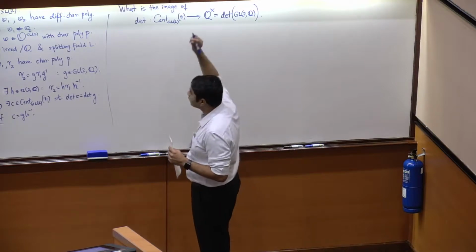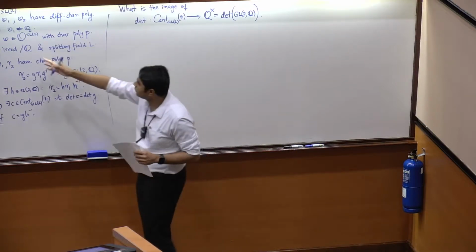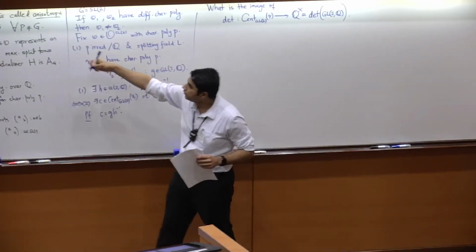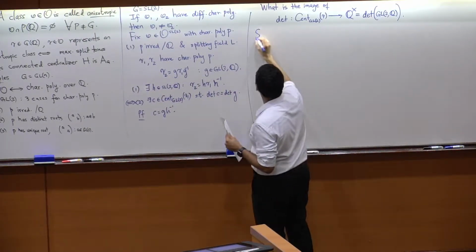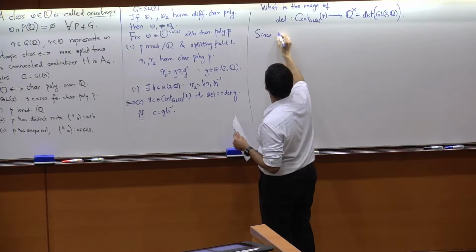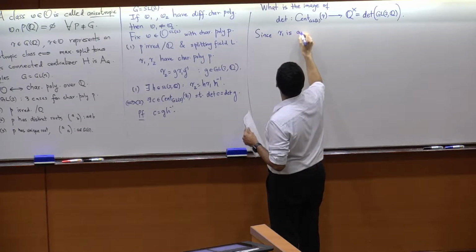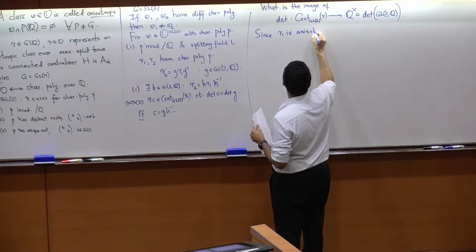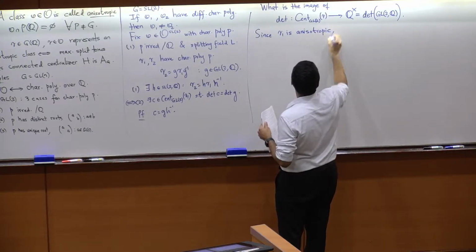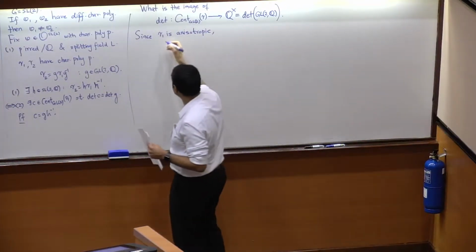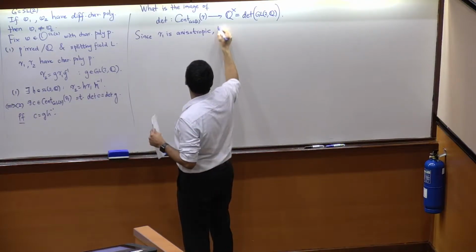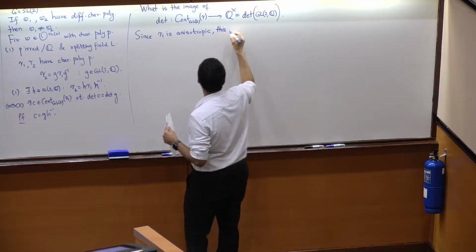And so since our gamma 1 element is in the irreducible case, which is also the anisotropic case, this determinant map is the same as the norm map.